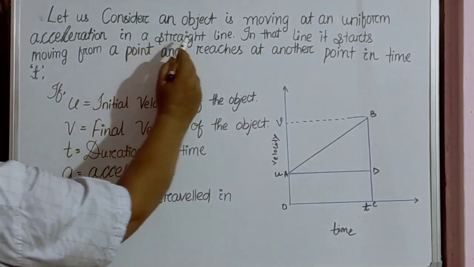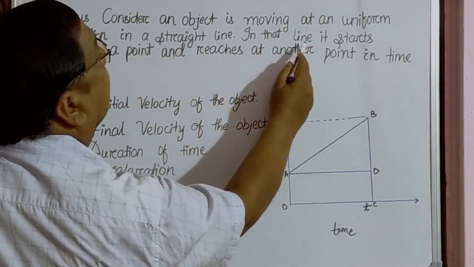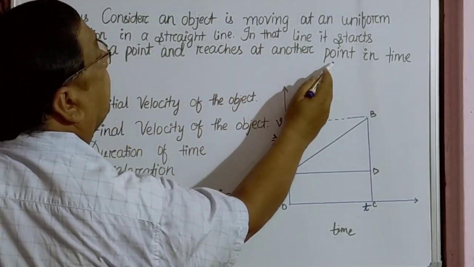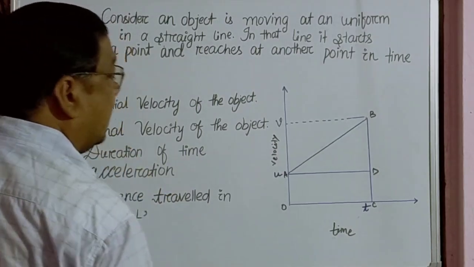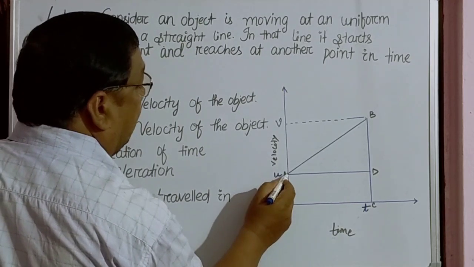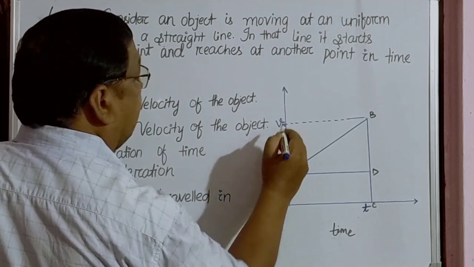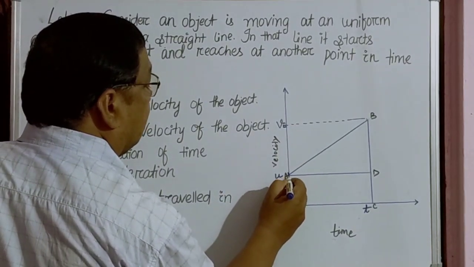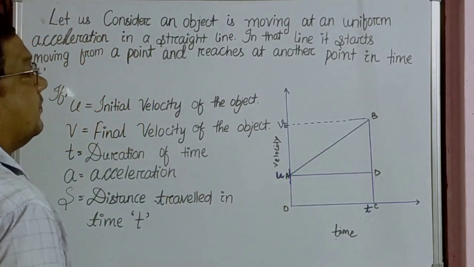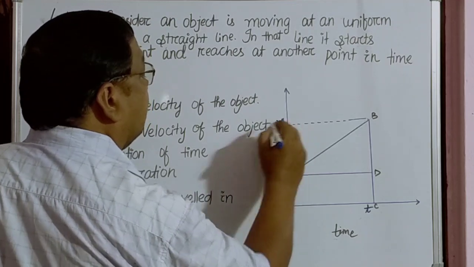Let us consider an object moving with uniform acceleration in a straight line. In that line, it starts moving from a point and reaches another point in time t. Suppose in this diagram you can see clearly that an object is moving from point A to point E. When the object is at this position, the initial velocity was u, and when the object is at this position, the final velocity is v.